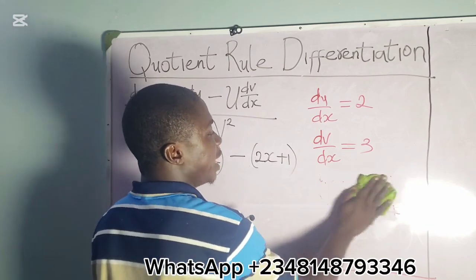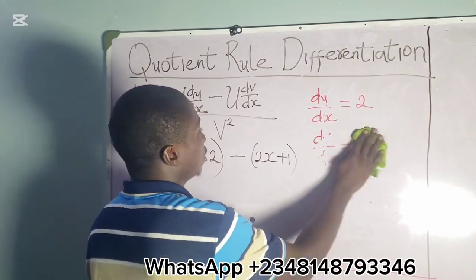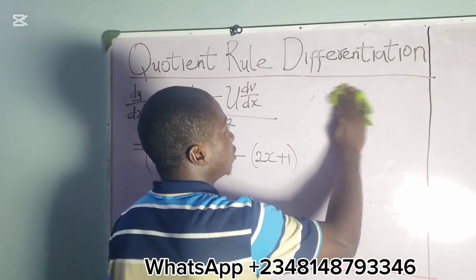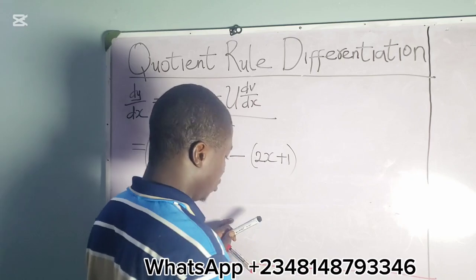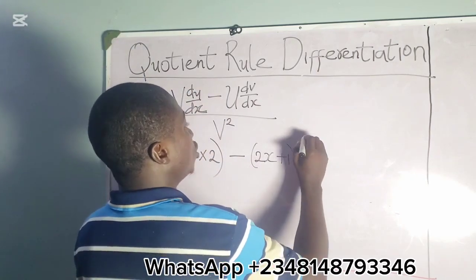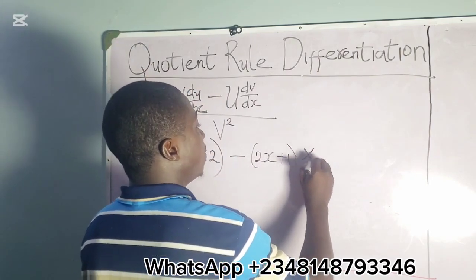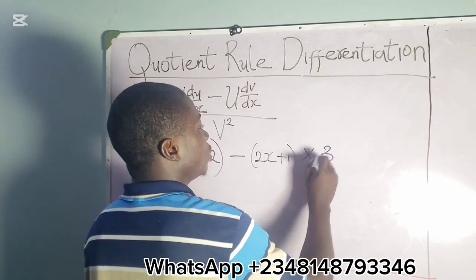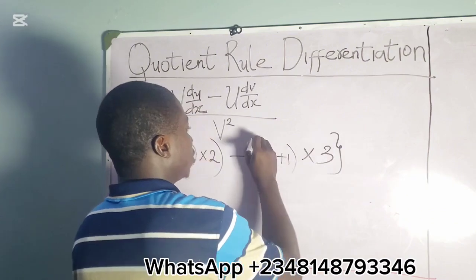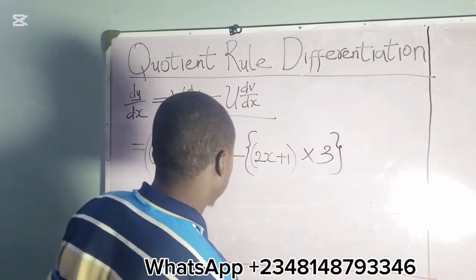And then what's dv/dx? dv/dx is equal to 3. So we have multiplied by dv/dx, which is 3, and then let's use this bracket to cover it up.